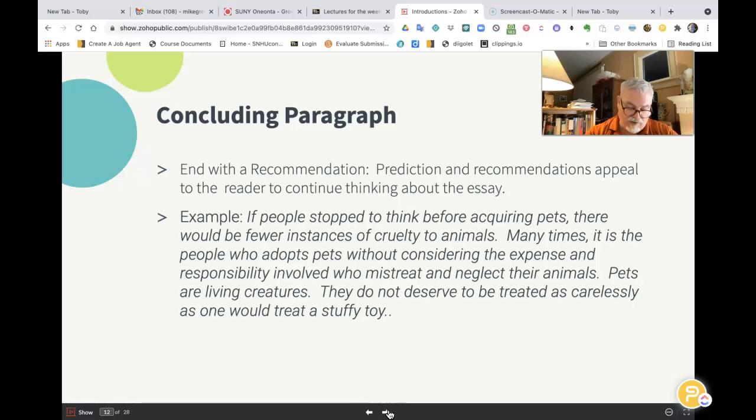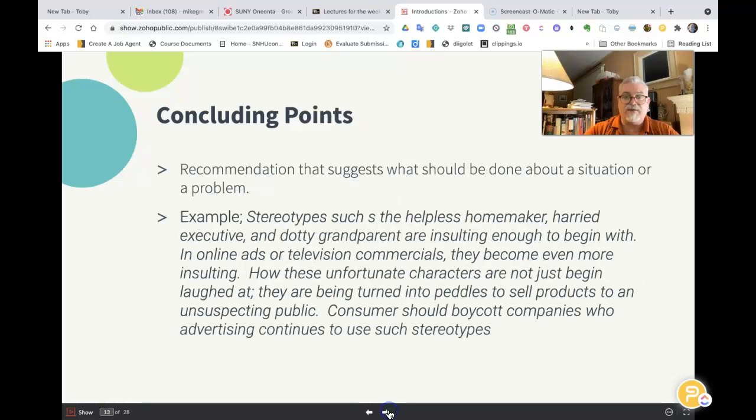Sometimes you could have a recommendation about what should be done about a certain problem, and that's helpful too. Here's a good one. Stereotypes such as the helpless homemaker, the harried executive, or the dotty grandparent are insulting to begin with. In online ads or television commercials, they become even more insulting. These unfortunate characters are not just being laughed at, they are being turned into peddlers to sell products to an unsuspecting public.